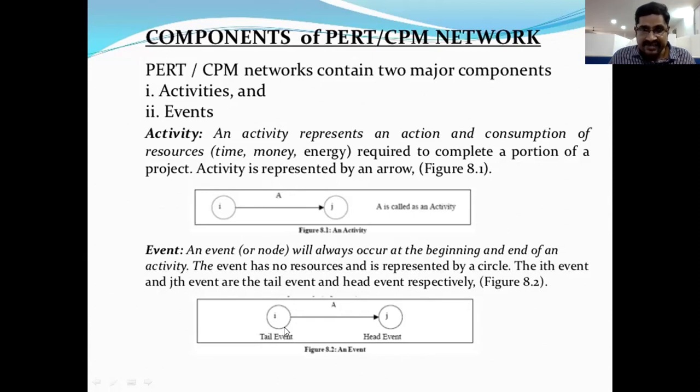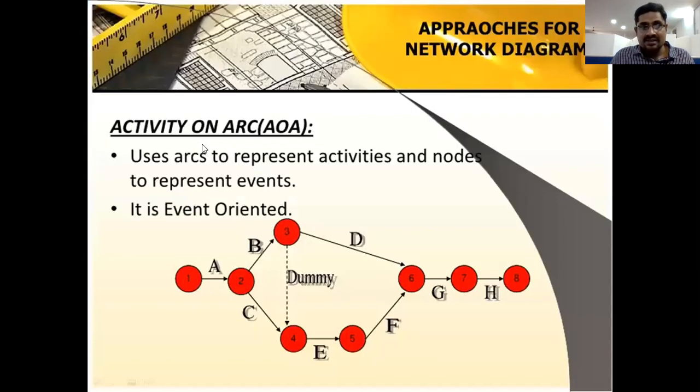So this is the beginning of activity A, and this is the ending of activity B. These two nodes are called events. And next we discussed AOA, activity on arc. Here we give names to each of these arrows or activities. This method is called AOA.